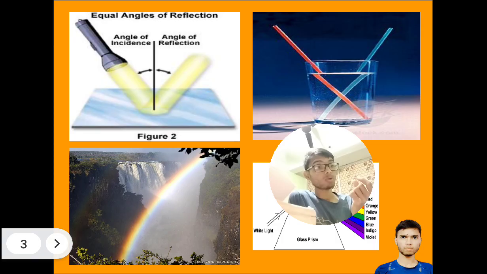A ray which is coming after striking the surface of the object will be a reflection ray. I'm not saying reflection angle, reflection ray.